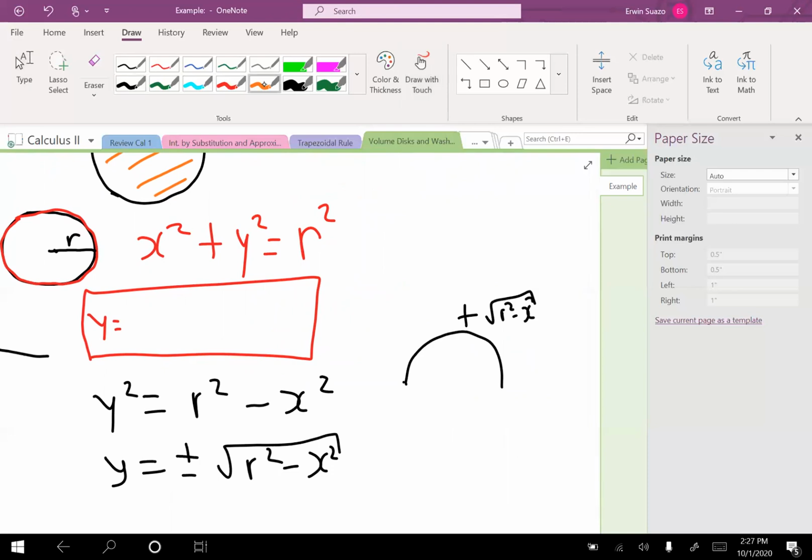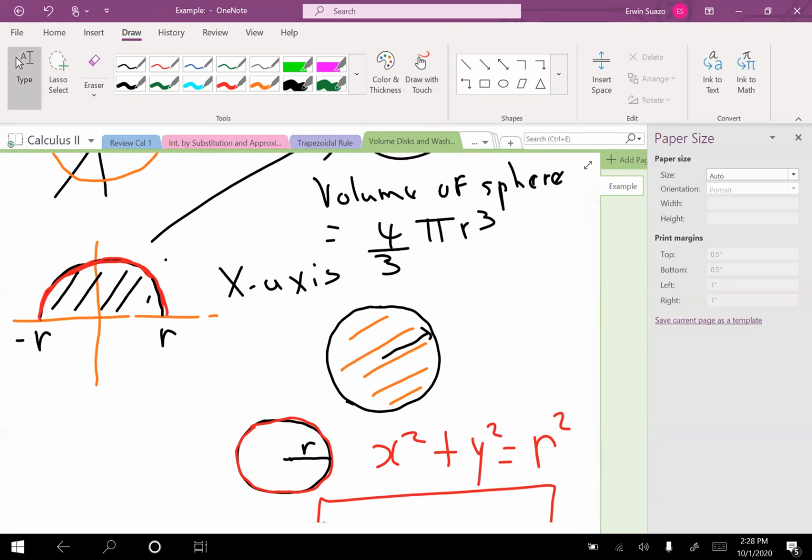And the equation for the negative is this one, minus the square root of r squared minus x squared. Remember, it has to be a function. So I cannot use the whole thing, because this is not a function. We'll hit twice. So in order to do the revolution, I just need the top part or the bottom part. I could use either way. So I'm going to use the top part.